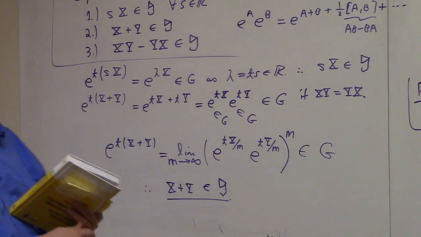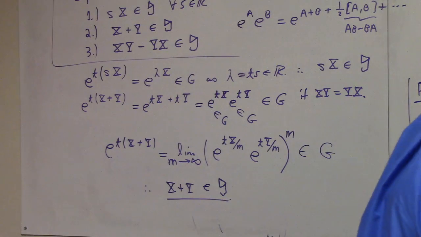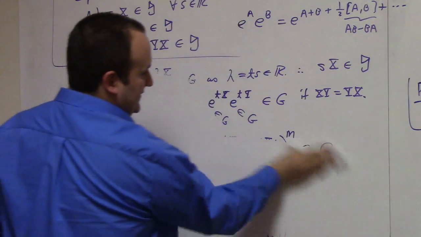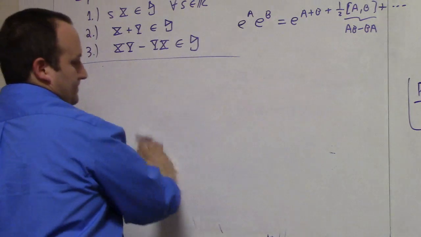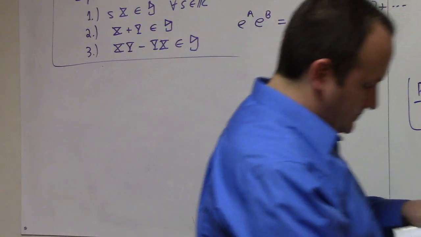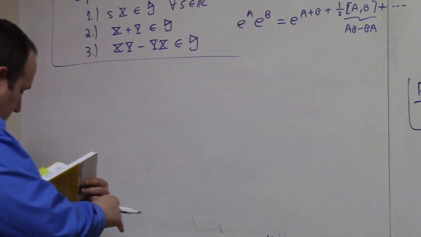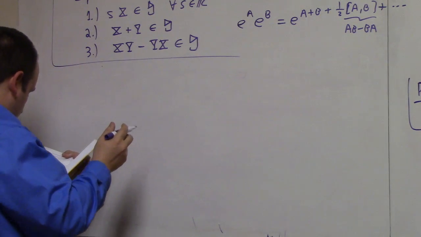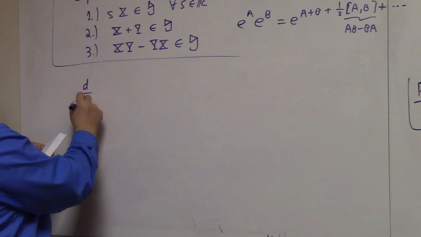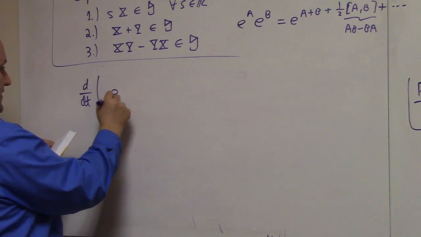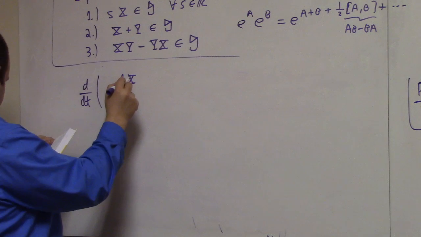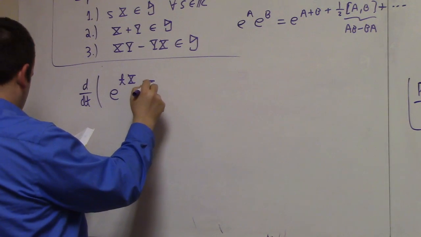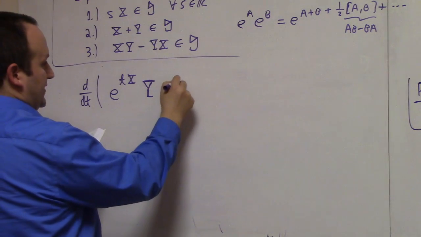This is the one that involves some kind of sneaky calculus, basically. I'm going to jump right to it. He looks at d/dt of e to the tx, y, e to the minus tx, right?